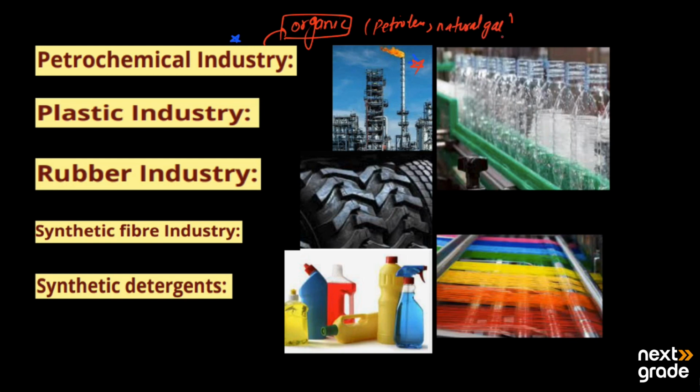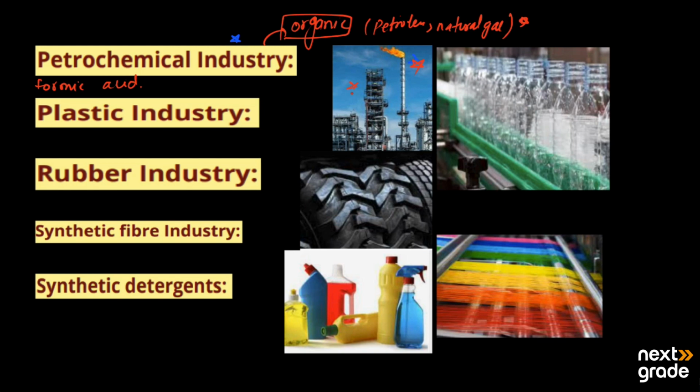These two products are mainly known as the petrochemicals, and we also prepare other important chemicals from the petrochemicals. We prepare simple ethyl and methyl alcohols. You can also prepare formic acid. All that production happens in the petrochemical industries.